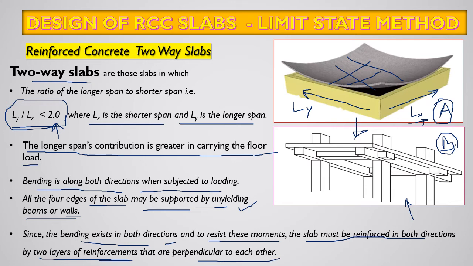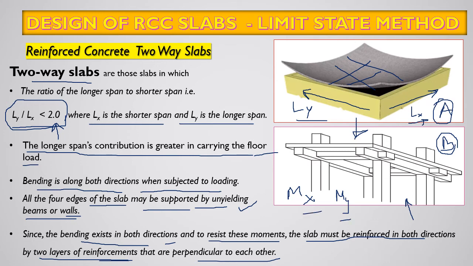One thing is very important: when you design a two-way slab, you have to calculate the bending moment along the x direction as well as the y direction. If we consider that the shorter span is along the x direction and the longer span is along the y direction, then Mx will be the bending moment along the x span and My will be the bending moment along the y span.